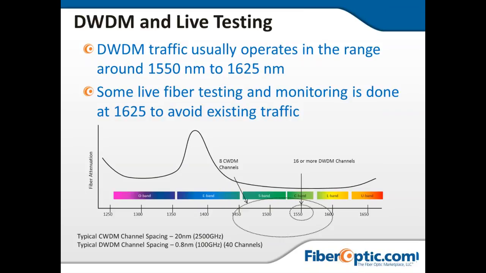So we use 1310 and we use 1550 because we got the best distance and loss performance at those two wavelengths. But now, as you see, if we're moving up into 16-channel DWDM or 8-channel DWDM, and we're using the C band and L band, if we're only using the C band, then we could do our fiber monitoring on the 1625 L band.